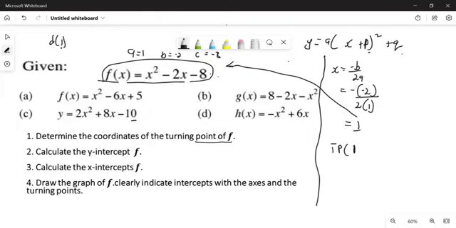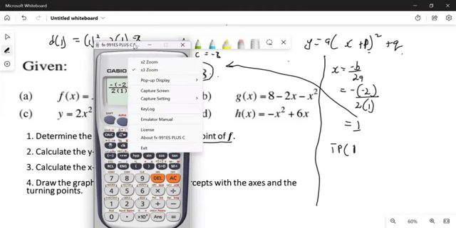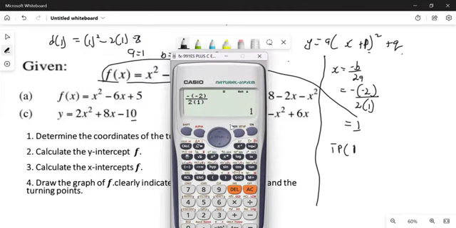So basically, what you're going to have at the end of the day is: f of 1 is going to be equal to 1 all squared minus 2 multiplied by 1 minus 8. And then you type it in your calculator: open bracket 1 all squared minus 2 multiplied by 1 minus 8.